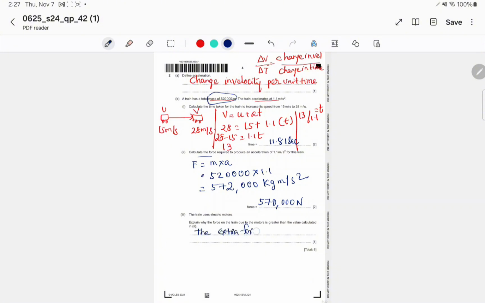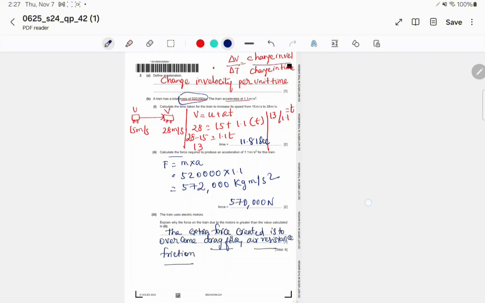The extra force created is to overcome the drag force, air resistance, and finally friction. For these three things, 1, 2 and 3.